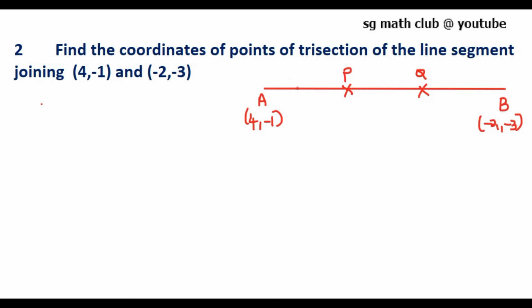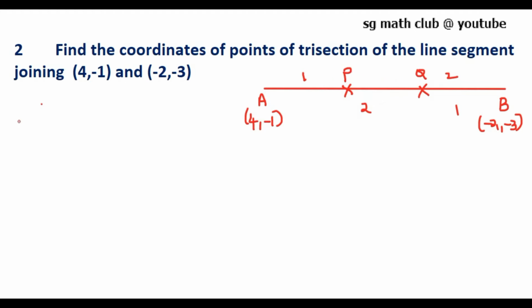We can say that since this line segment is divided into 3 equal parts, P divides the line segment AB in the ratio 1:2, and Q divides the line segment AB in the ratio 2:1. That means AQ is 2 and QB is 1. In the same way, P divides the line segment in the ratio 1:2.